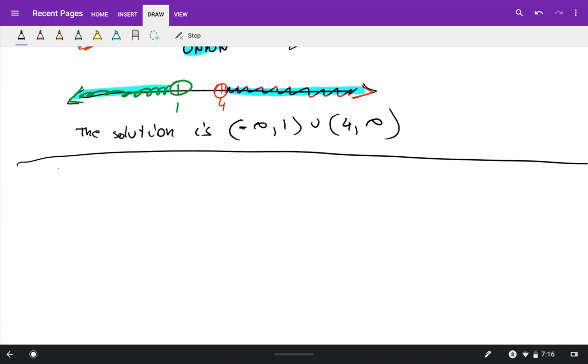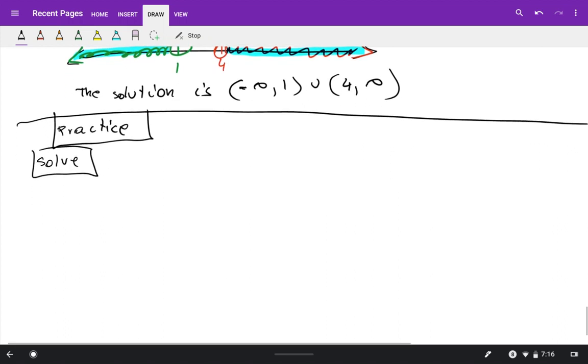So I will just practice a couple more. So we're practicing. I'm going to mix absolute value equations with absolute value inequalities.